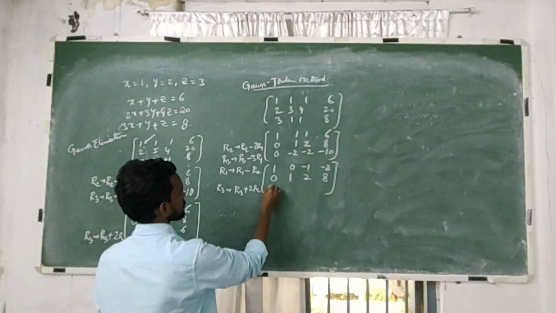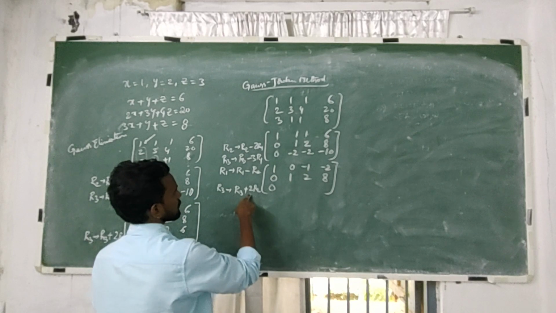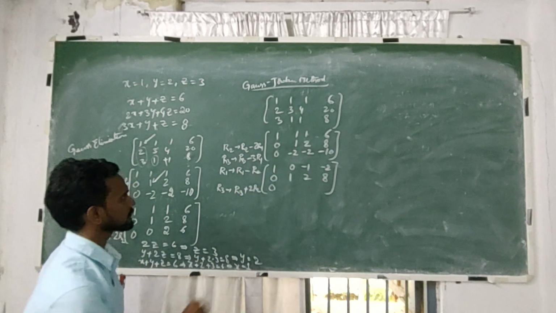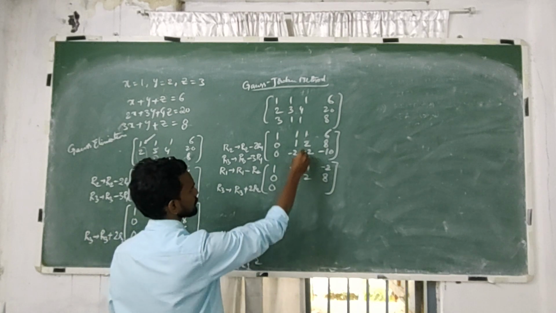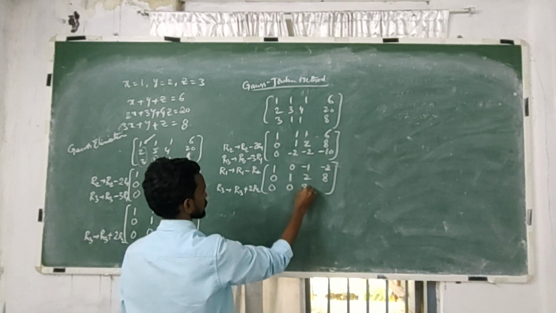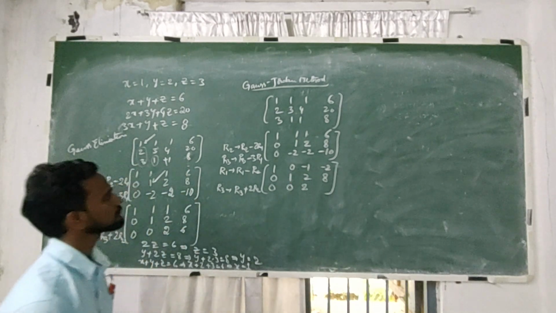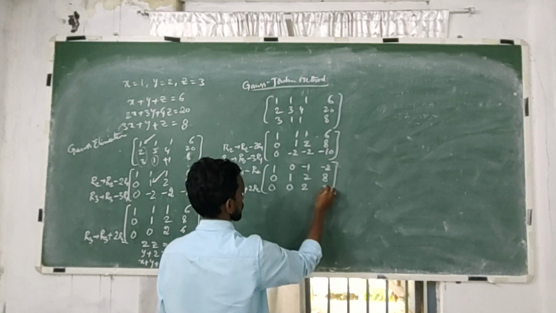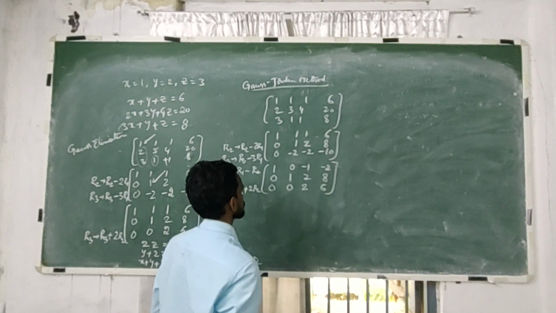Next one, you have to multiply the second row twice and add. This is 0. 4 minus 2 is 2. This is 16 minus 10, 6.